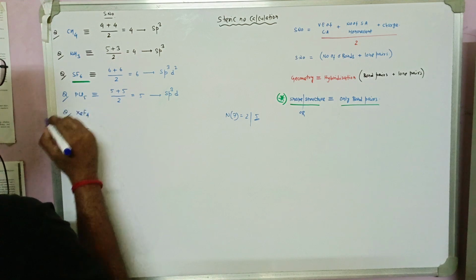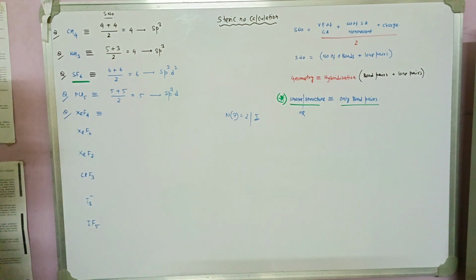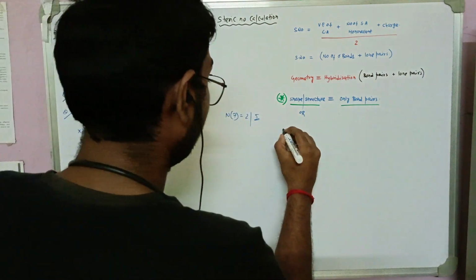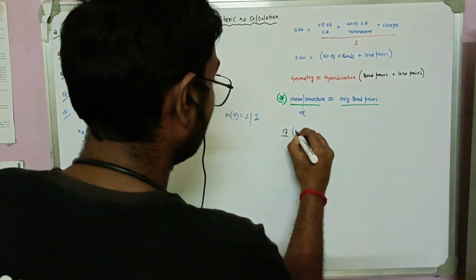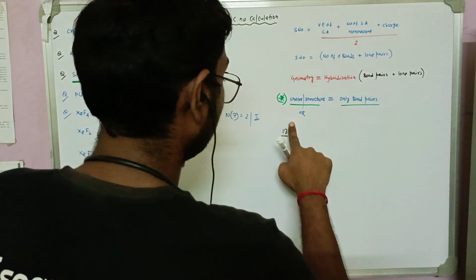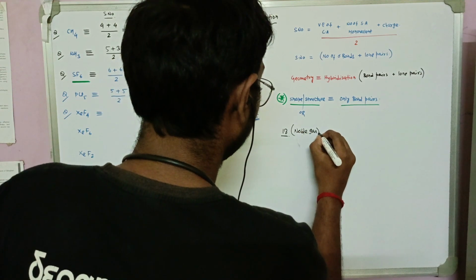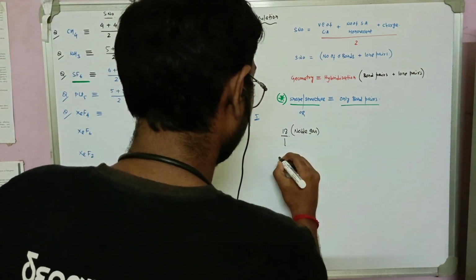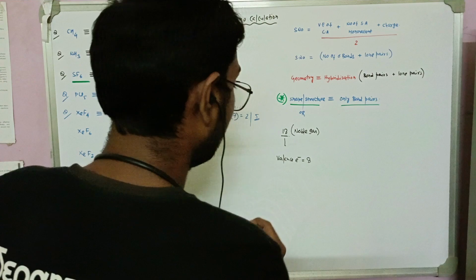Okay, so the next part asks for the hybridization of XeF4. For xenon, it is a difficult task because xenon lies in group 18, right? This is group 18, called the noble gases, or the inert gases. For the noble gases, you have to remember that the valence electrons will always be 8. Why?